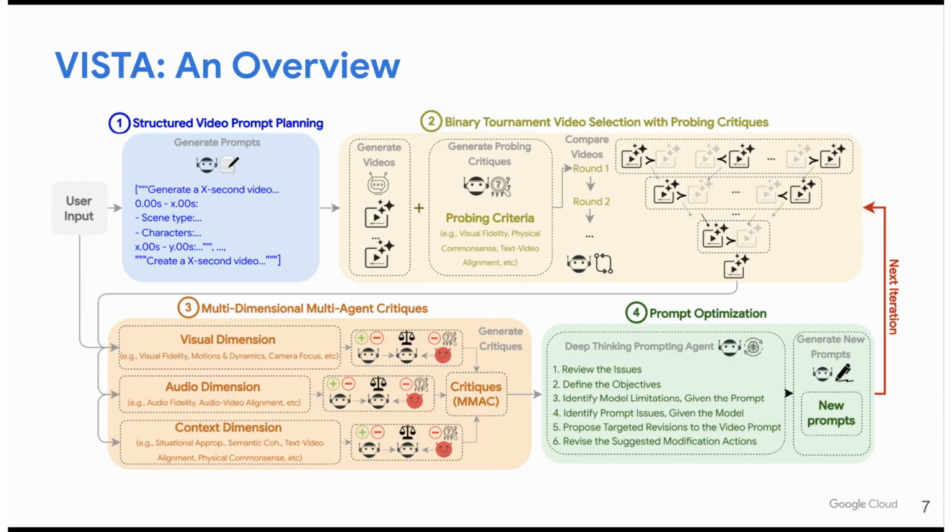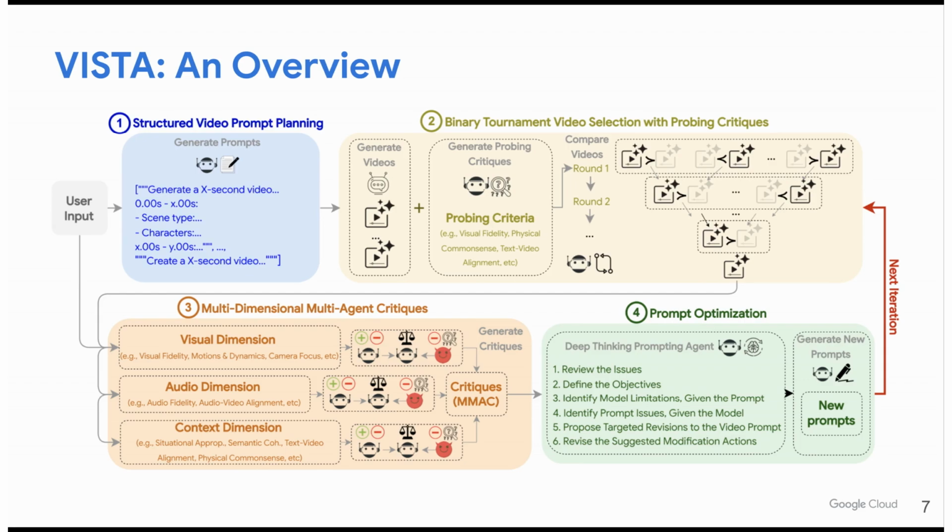Given user input, we first perform a planning step to obtain its prompt variants. We then generate videos based on these variants and select the best one based on a robust selection process. The selected video is then input into a multi-agent system to obtain feedback, and the feedback is then used to optimize the prompt. The optimized prompt advances to the next iteration.